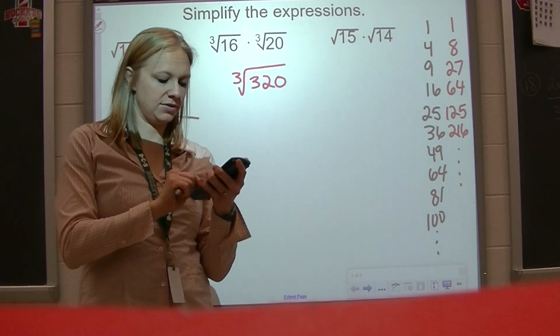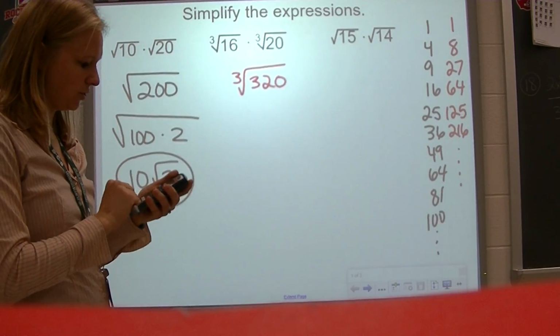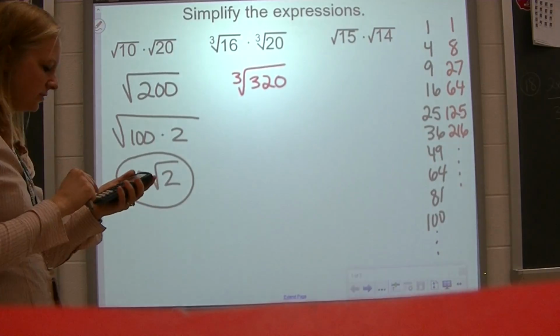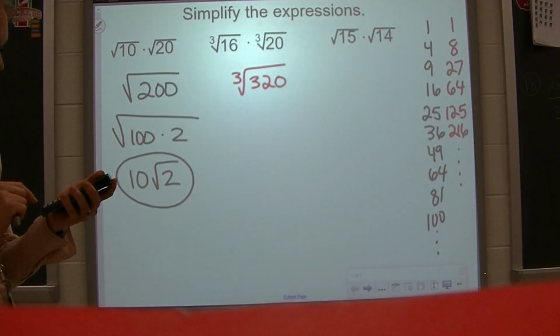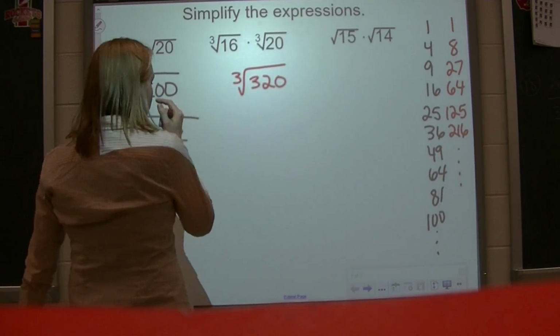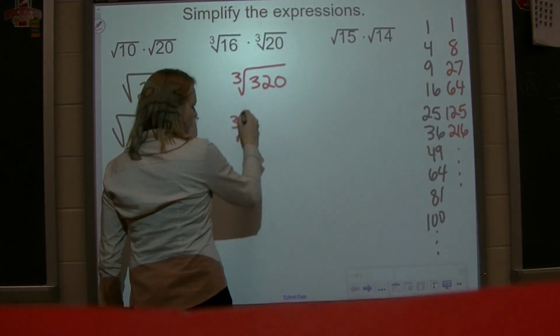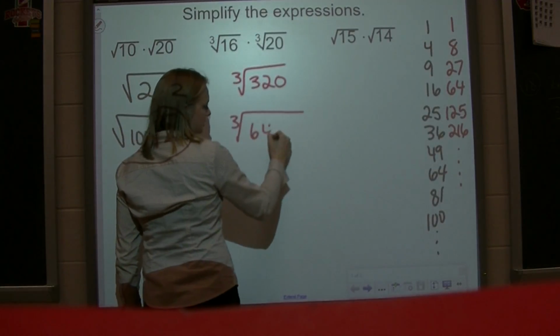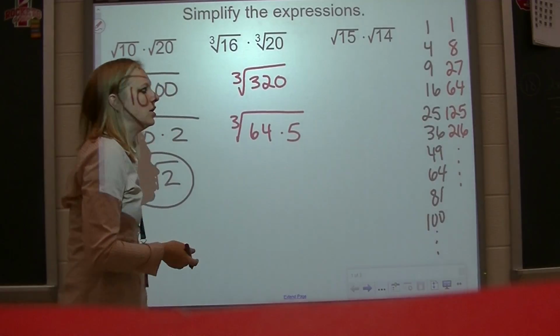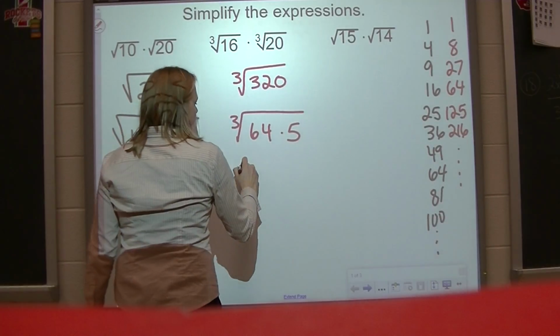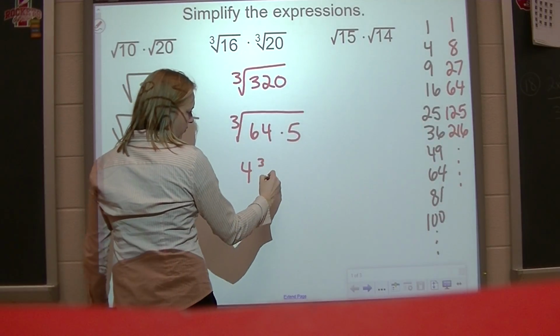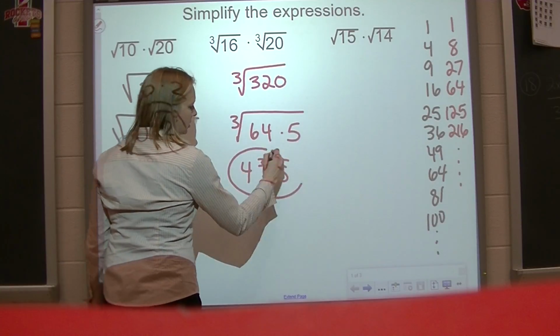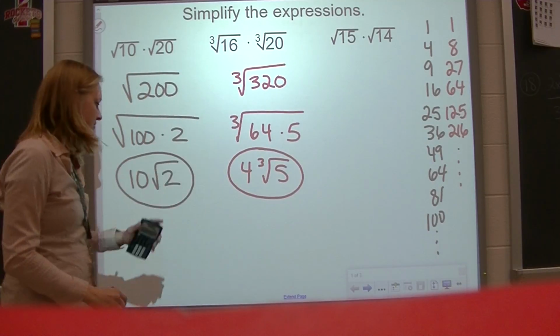Maybe 125 does though. 320 divided by 125 doesn't work, 2.56. 320 divided by 64, that's 5. That one works. So this can be rewritten as the cube root of 64 times 5. Well, the cube root of 64 is 4, so we'll have 4 cube root of 5. That's that in simplest form.